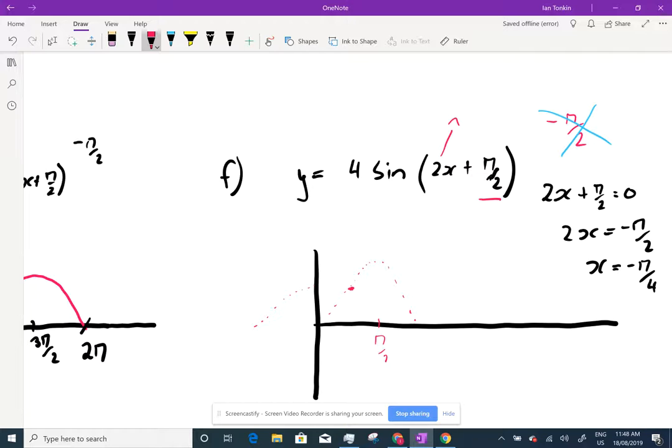So I'm just looking at this in the textbook. What is it? 6F. It's got it all the way at 1, which means it should be at 90. It should be at 90. 2x minus pi on 4. And it's going... Oh no, because there's 2 of them.